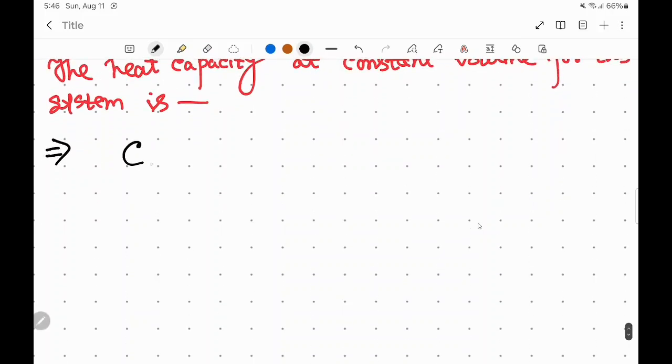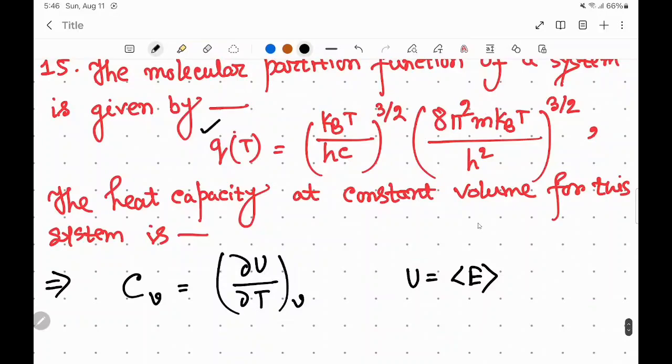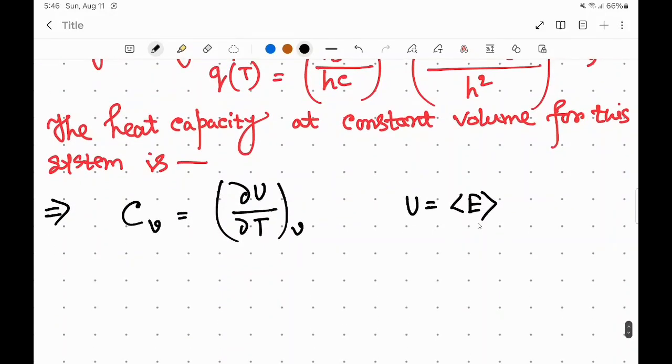They ask C_V, heat capacity at constant volume, that is del U by del T at constant V. So you first calculate U, the internal energy. Because this is translational partition function, nothing is related to the ground zero point energy. That is there, but we are just dealing with the translational part, so it's irrelevant to consider U zero or not.